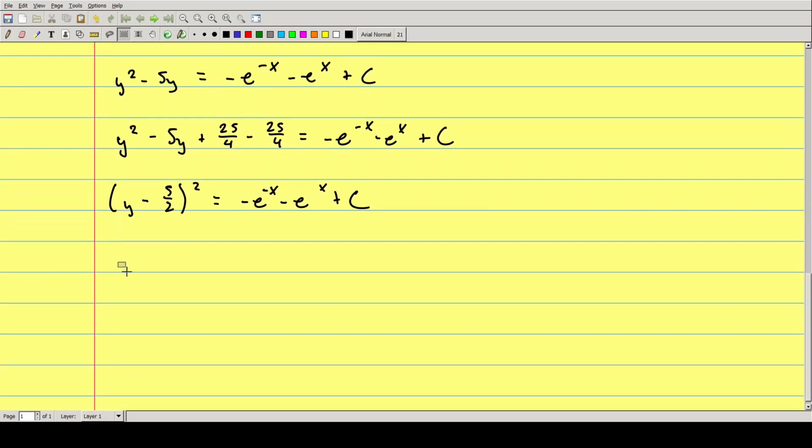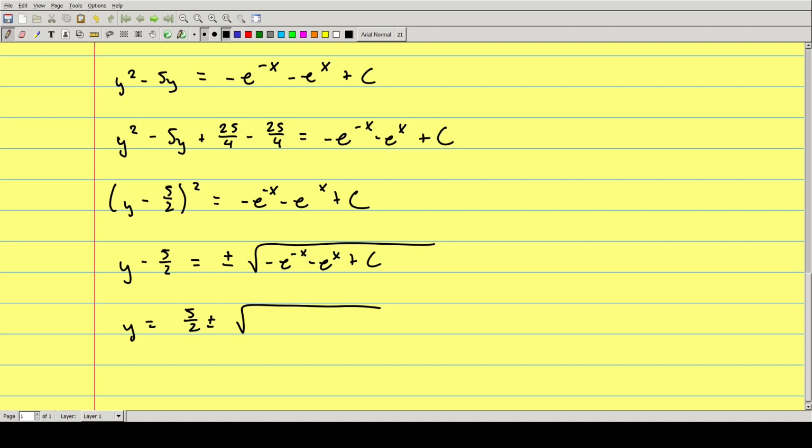So we're at the set of steps that we were at to finish the other problem. We can take the square root of both sides. Since we're taking the square root, we have the plus or minus in front of the radical. And then we add 5/2 to both sides.